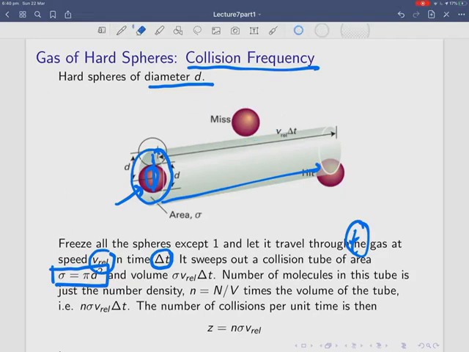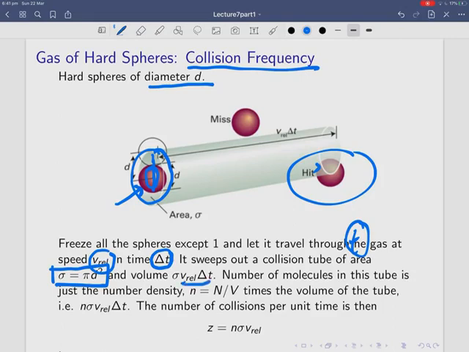So for instance, this one in the time delta t will be missed, no hit. Whereas this guy here will be hit. He's in the way. He's within that cylinder of length v_rel delta t. That's how far this thing will move, and sigma is the cross-sectional area. So the volume of this cylinder is sigma v_rel delta t.